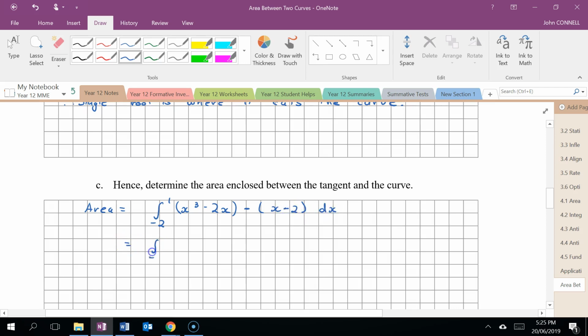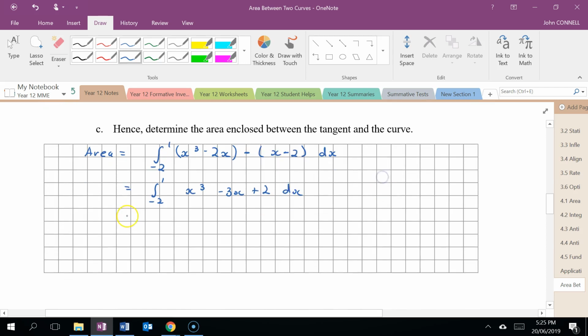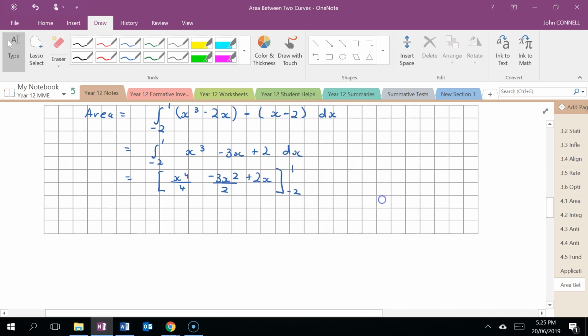So minus 2 up to 1, let's just simplify it first. So it's x cubed take 3x plus 2. Under integration, this will become x to the 4 on 4, take 3x squared on 2 plus 2x, going from minus 2 to 1. So then it's going to be 1 to the 4, which is just 1, so a quarter, take 1 squared is just 1, so it'll be 3 on 2 plus 2 by 1, which is just 1.